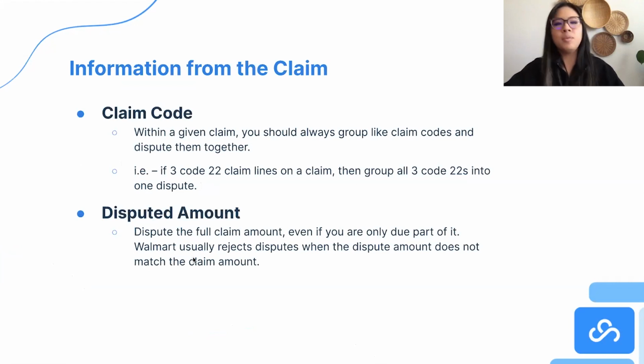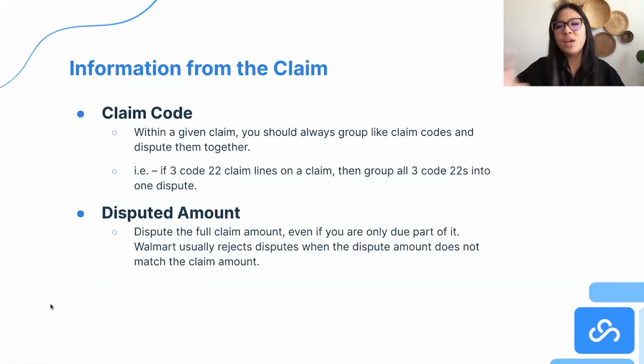A pro tip here: you don't always have to adhere to this, but we typically recommend that you dispute the full claim amount, even if you're only due part of it, because we have seen in the past that Walmart will outright reject a dispute if the dispute amount does not match the claim amount, which is kind of crazy.